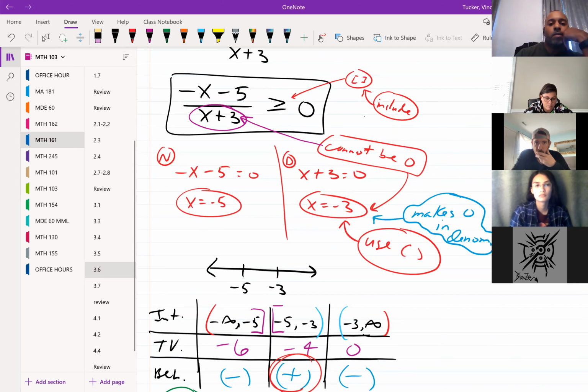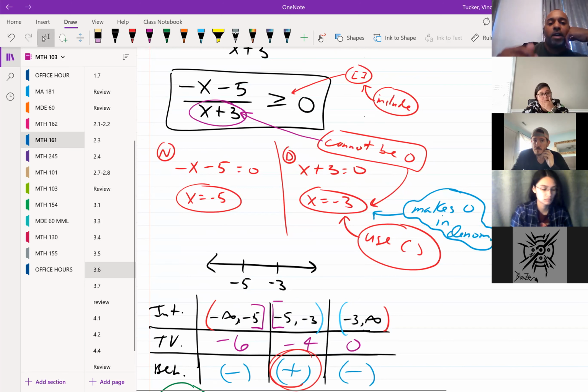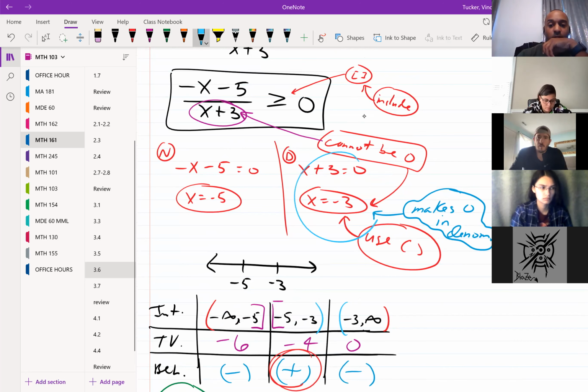Now, the only ones that are up for getting brackets are at the -5 and at these 3s. So you're going to put a bracket there or not. Whatever value comes out of the denominator, you cannot put a bracket there, which is this value right here, because when I plug that into the equation, I actually get 0 in my denominator.